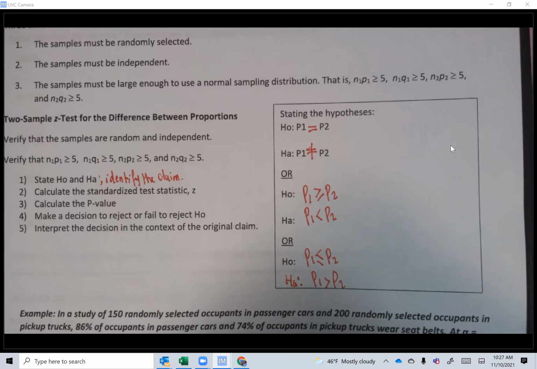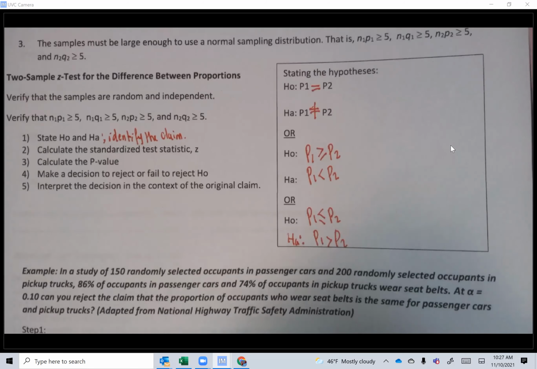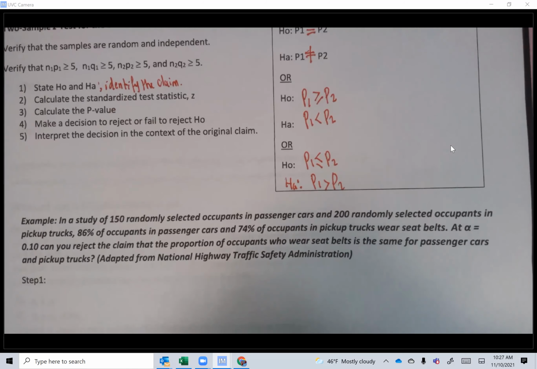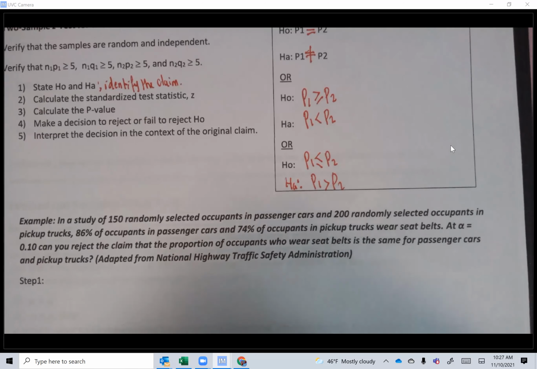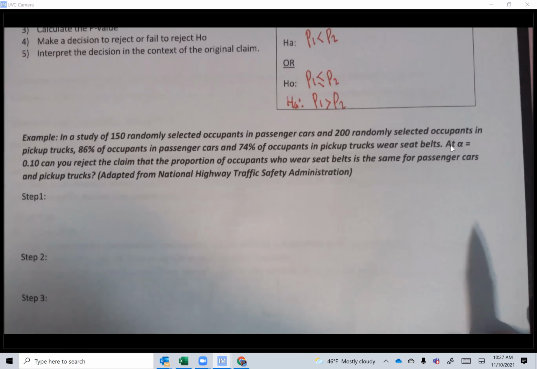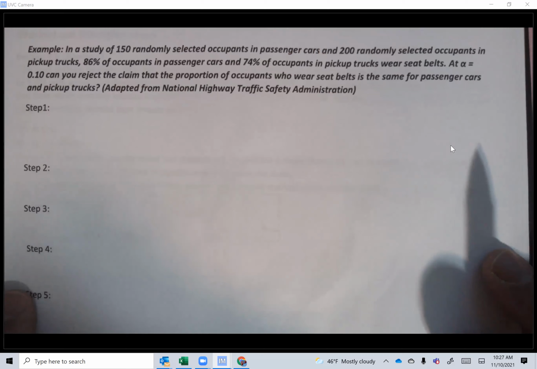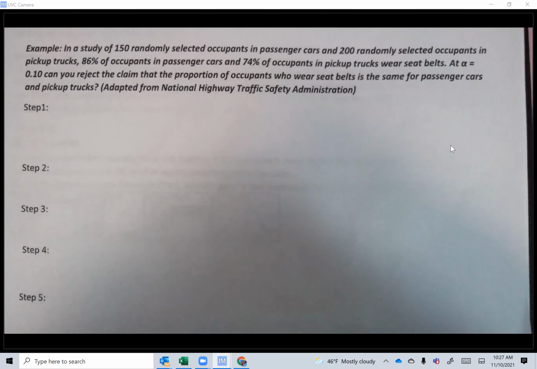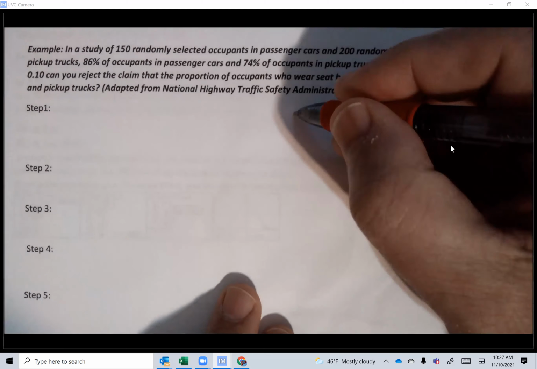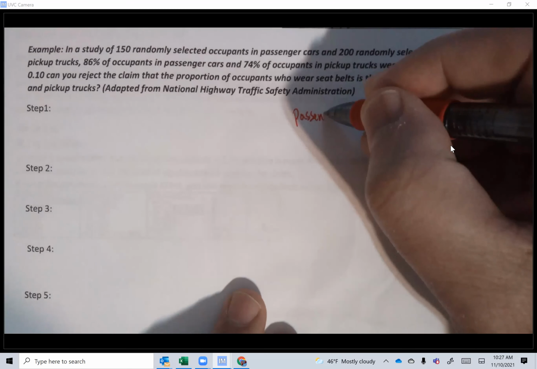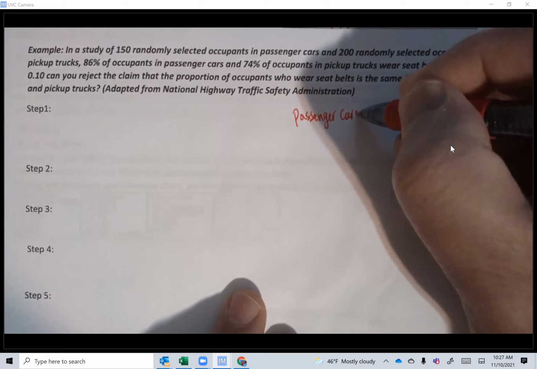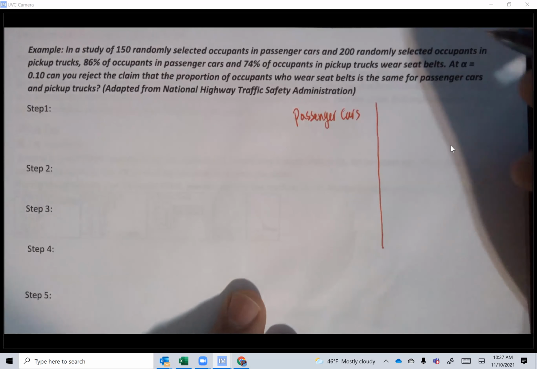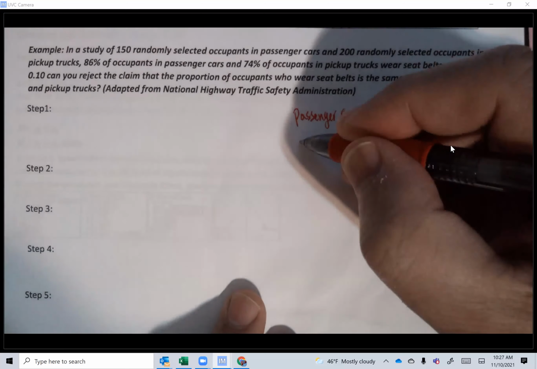And let's go to an example right away. You ready? So that's the first question. In a study of 150 randomly selected occupants in passenger cars. So we have here passenger cars. 150, so N1.